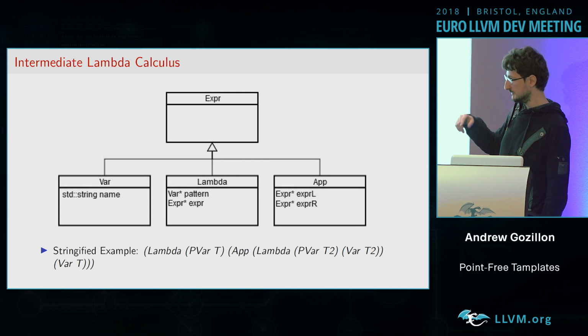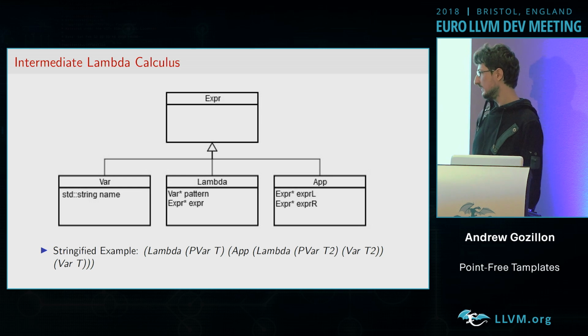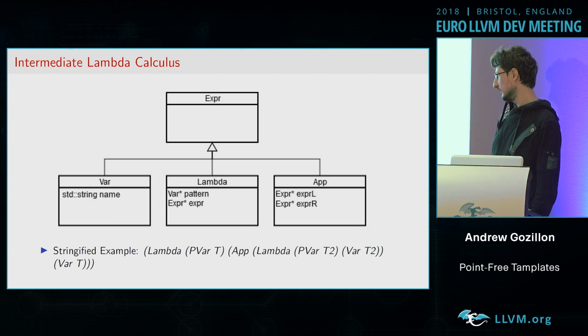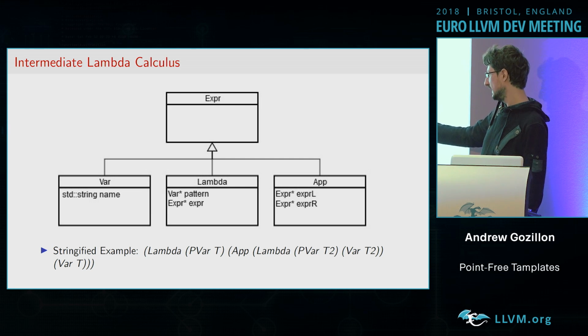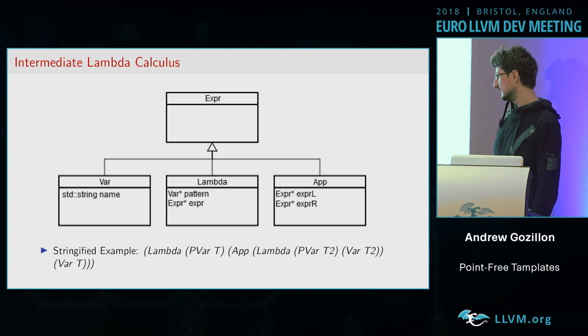And an application takes a left and a right expression and applies them together. A stringified version of this is shown below. You can see that it's got a Lambda which takes a t, and then inside that, this t gets applied to another Lambda which takes a t2, and then in the end it returns a type t2. So it's a pretty simple function.